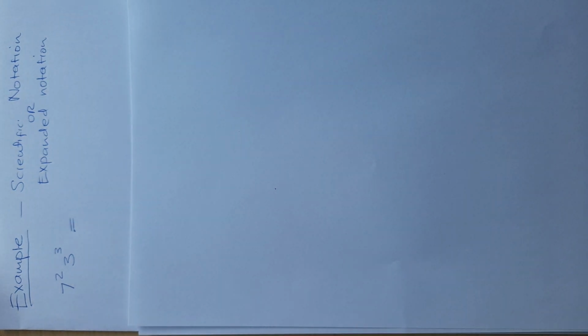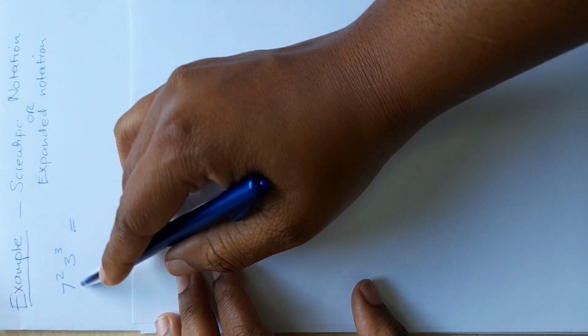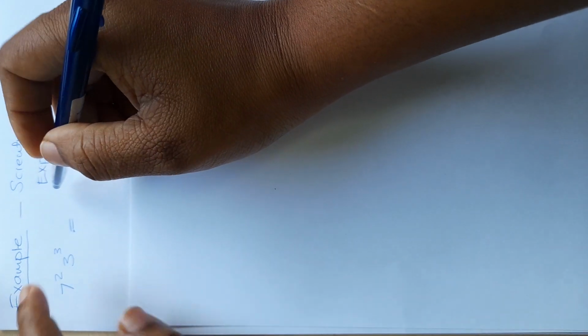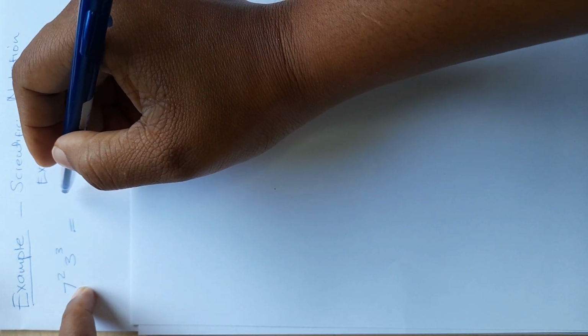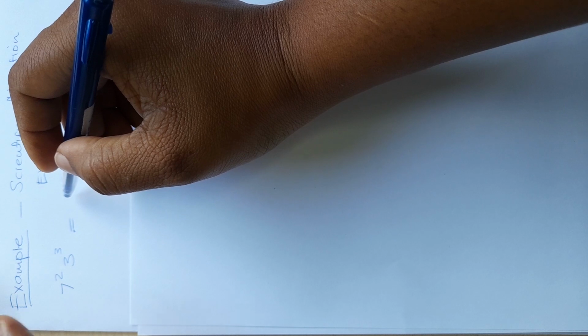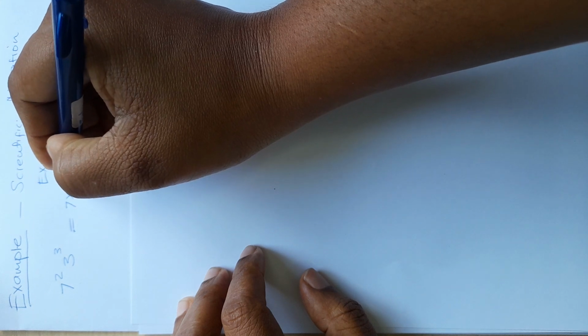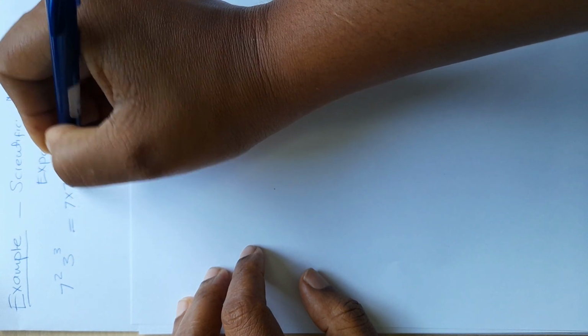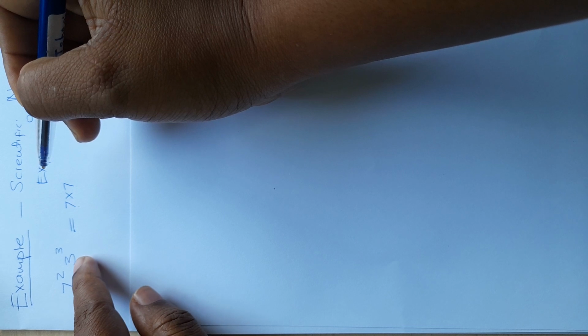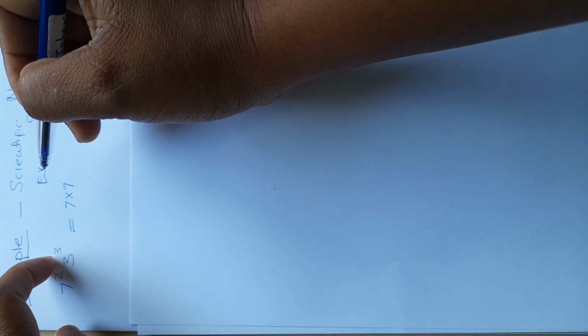in your textbook. Okay, so this is going to be written as, you see, the base 7 is multiplied 2 times, not by 2, but it's multiplied 2 times. So 7 times 7. You see, it's multiplied 1, 2 times. Okay, and the base 3, it's multiplied 3 times.